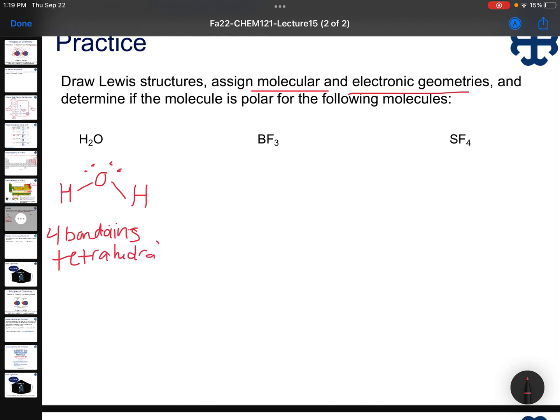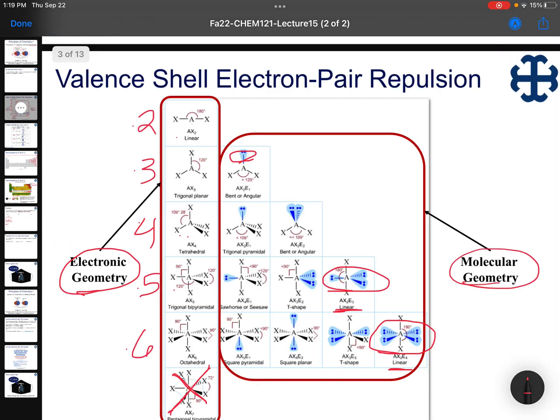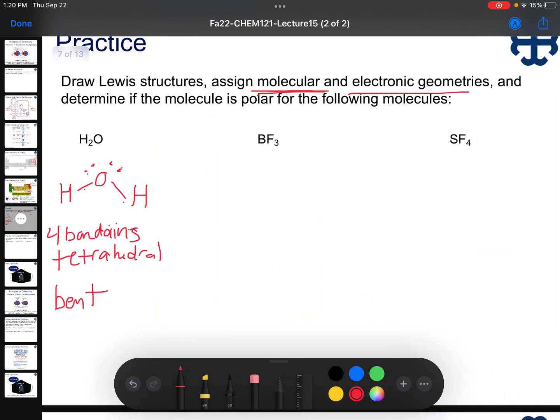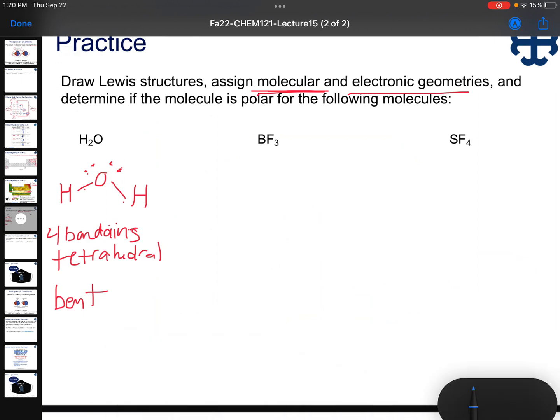Tetrahedral. And then if we think about that we have 2 bonds and 2 non-bonds, that's going to be our molecular geometry. This is going to be a bent molecular geometry, right? And of course, if we were to go back to our table right here and look at that, when we have 2 bonds, 2 non-bonds, that is going to be a bent geometry. Okay? I'm going to change color here for a sec to show you polarity.